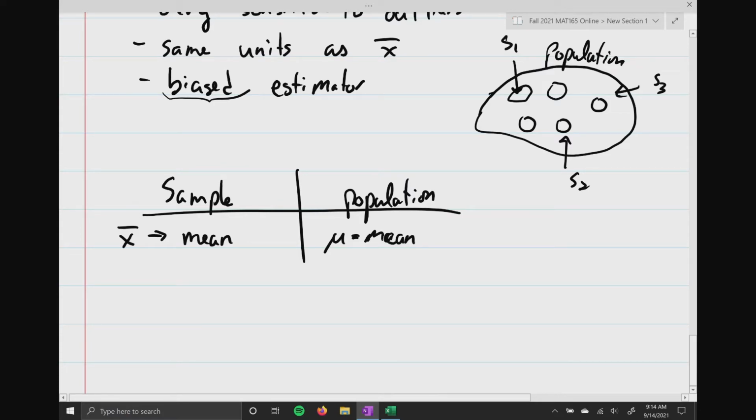Now, once we get into inferential statistics, our goal is to take the data that we've collected, which are samples, and our goal is going to be to estimate what this population is. So if we have a sample mean, we will have a sample standard deviation.